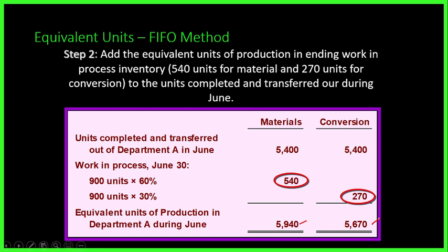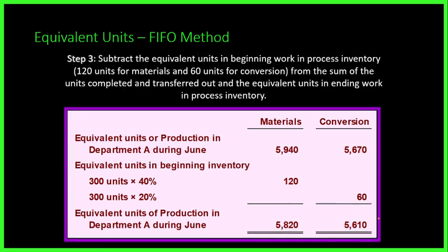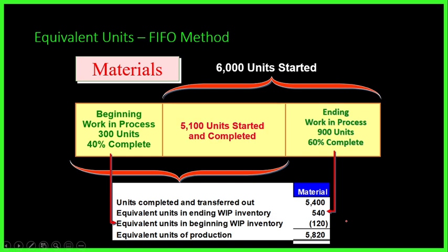From the EUP using weighted average, here is the shortcut I mentioned: you simply deduct the percentage of completion from your beginning work in process, and you will now have your EUP using FIFO. That's the easiest approach.